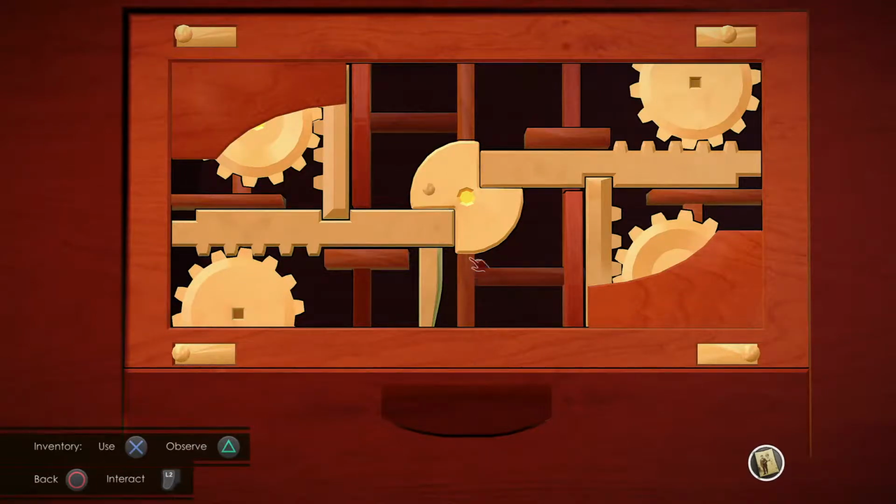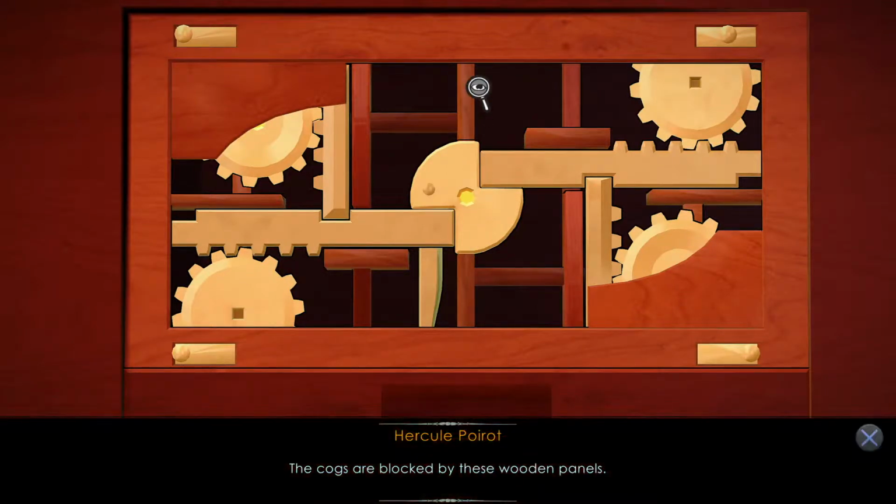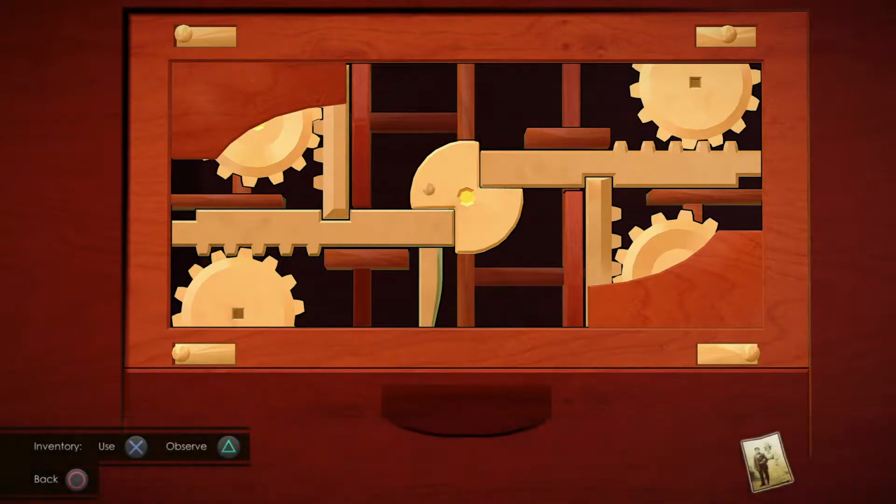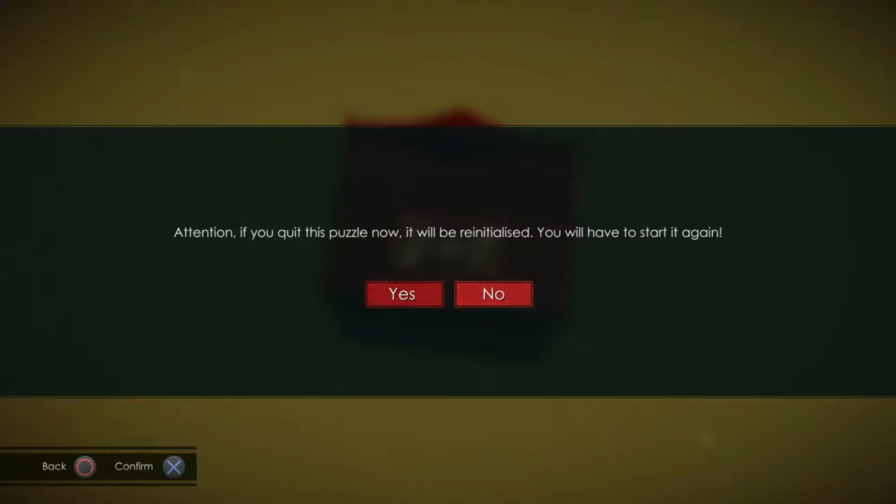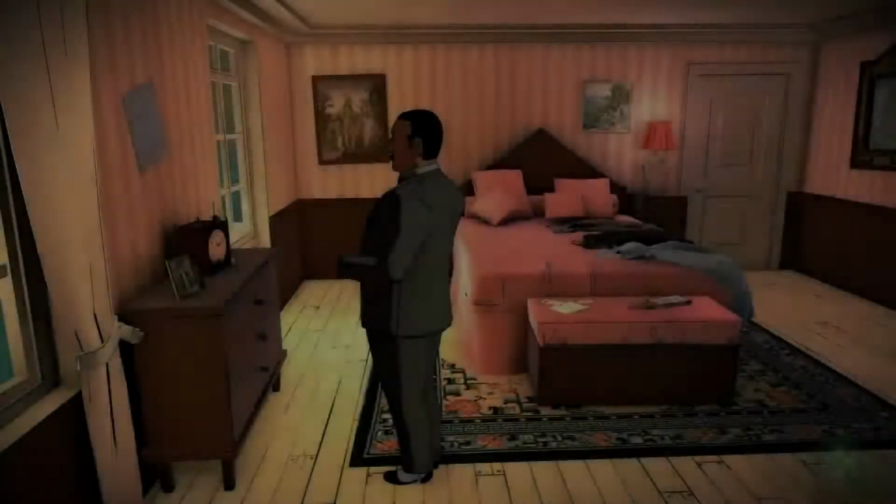No, I can't close it shut. All right, I'm stepping away. I don't care if I have to redo stuff.